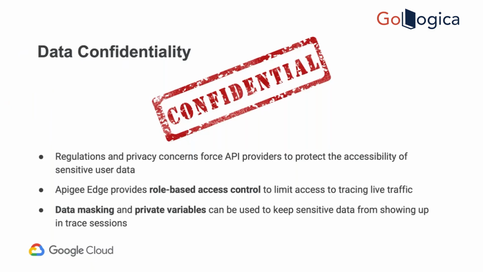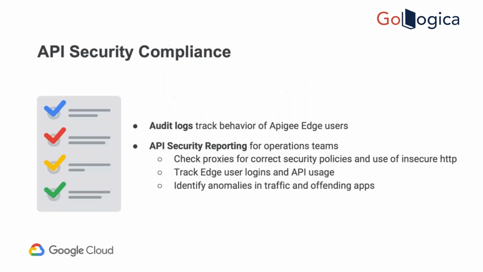If we want to use the backend credentials, we can use private variables and mask the data for those backend credentials. Data masking is also easily available, so that any sensitive information is not visible on the trace. The data will be there, but in the trace it will not be visible. So we can do those things, so that no such data shows up in the logs or trace.